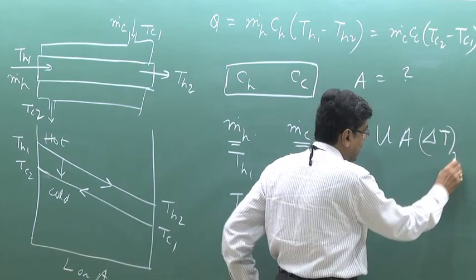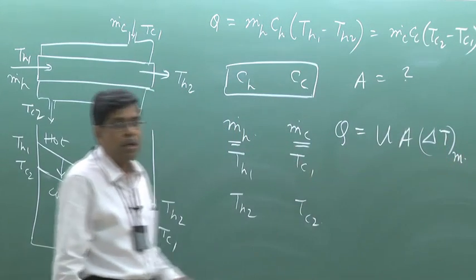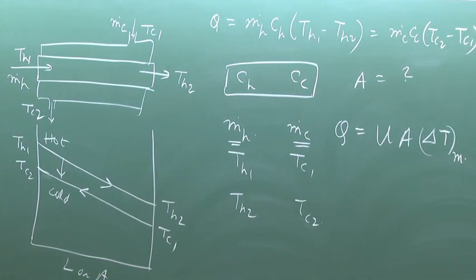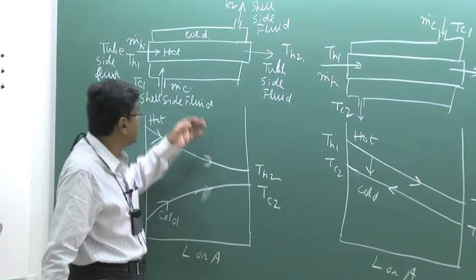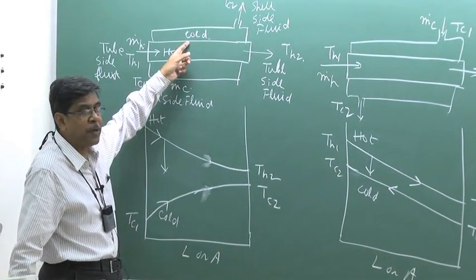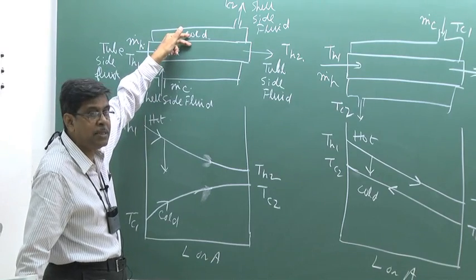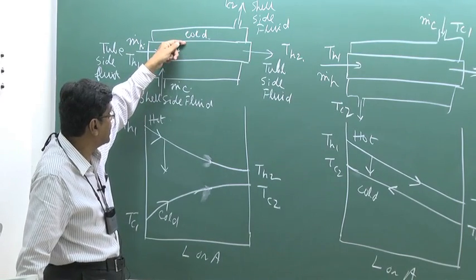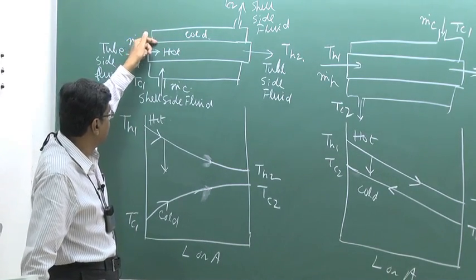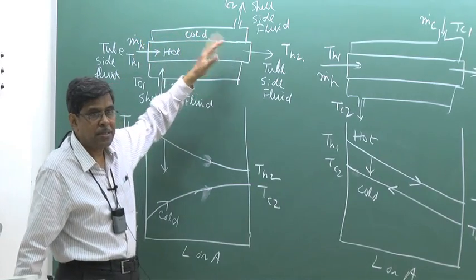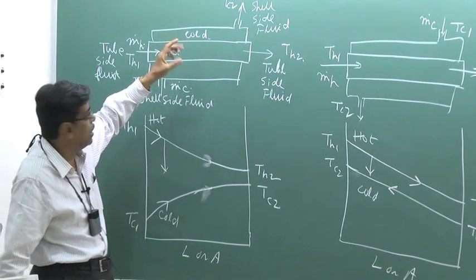I discussed last class that we know the overall heat transfer coefficient. The concept of overall heat transfer coefficient was told earlier, which is the sum of the heat transfer resistances of the fluid sides, both the sides' fluids, plus the conduction resistance. The sum of the resistances is the equivalent resistance.